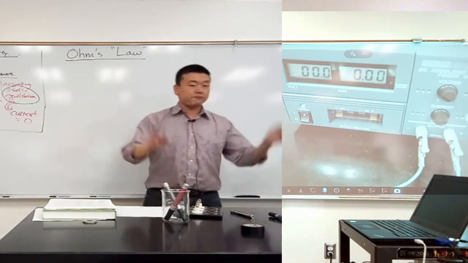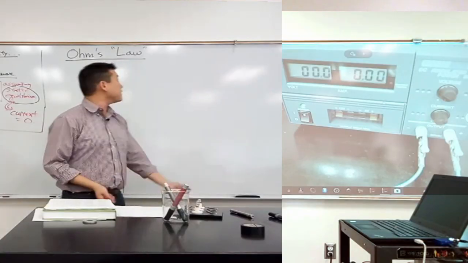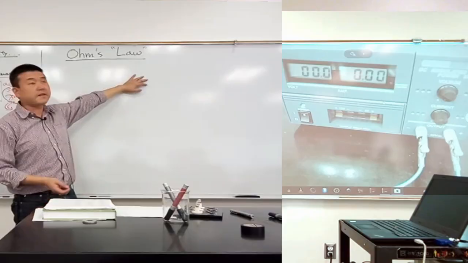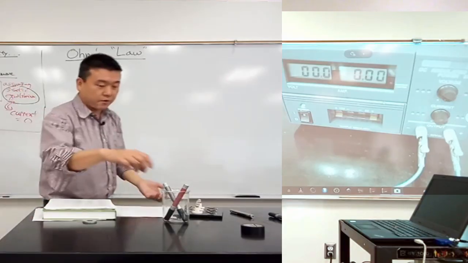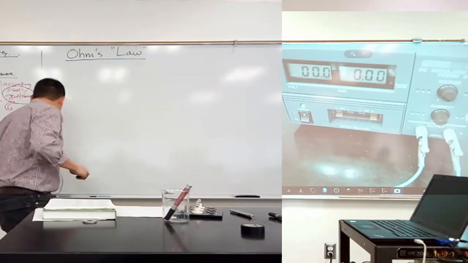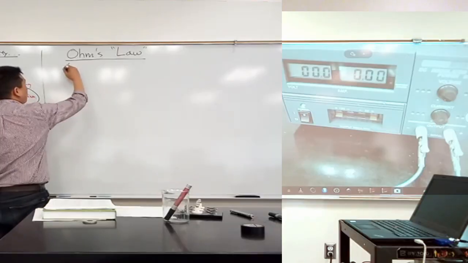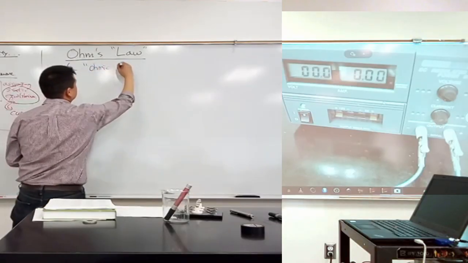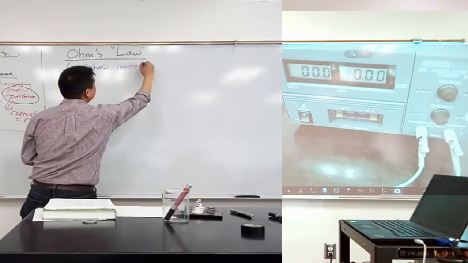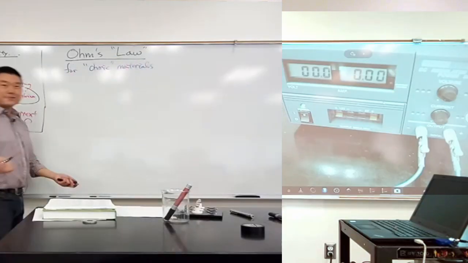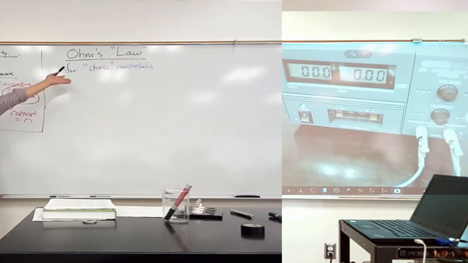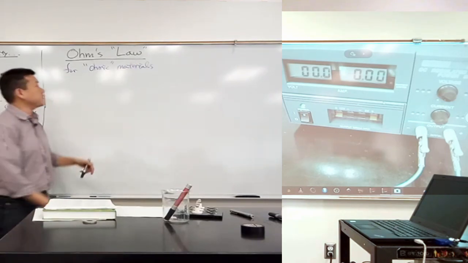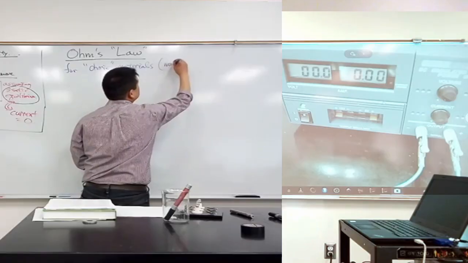Now, the reason I keep putting quotation marks around the law is that it's not universal. There will be materials that don't obey this law. But to draw that distinction, we say for ohmic materials, as in materials that obey Ohm's law. It's sort of self-explanatory, right? And what ohmic material, it includes a lot of different things. It includes most conductors.